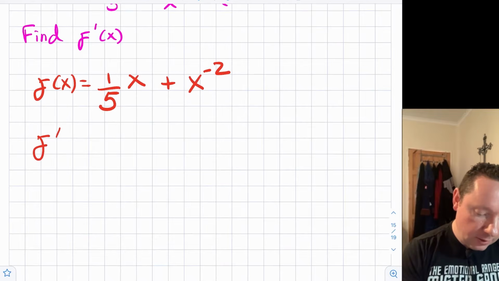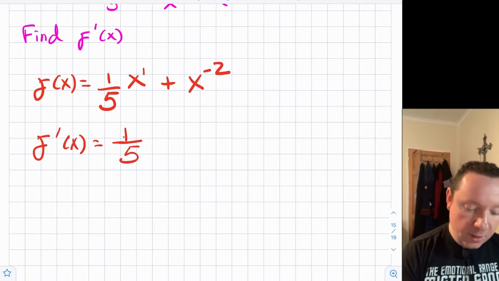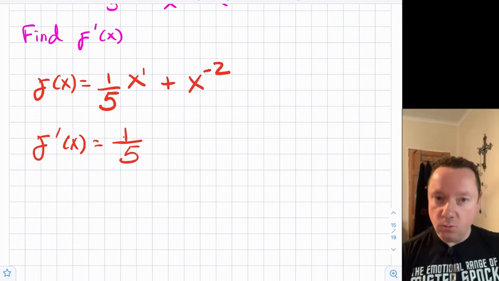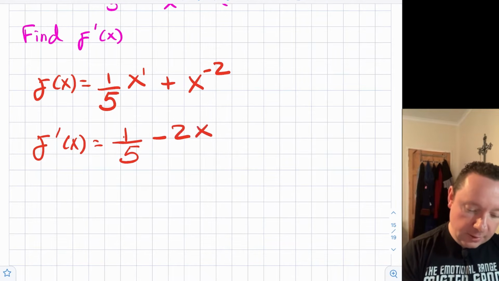f dash x, that's x to the power 1, remember? So 1 times a fifth is a fifth. That becomes x to the 0. Remember, x on its own, when you differentiate it, the x just disappears because x to the power 0 is 1. So it's just a fifth. Plus minus 2, so it's minus 2x, take away 1 is minus 3.